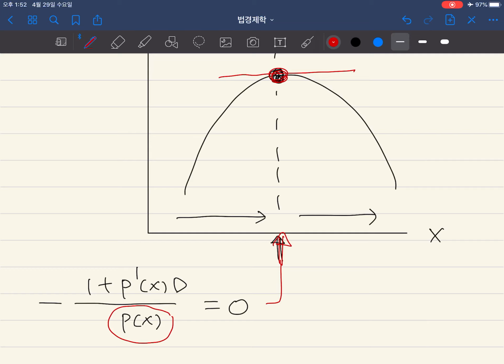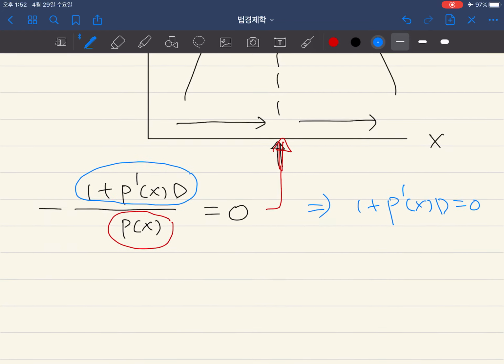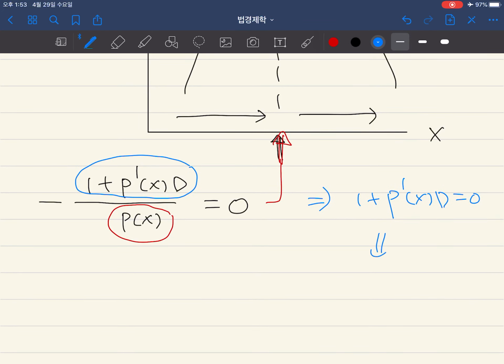So if this expression is equal to 0, the numerator must be equal to 0. So we have this equation, and this equation looks very familiar to us.